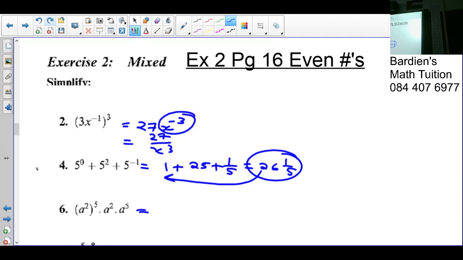Number 6, what needs to be done first? Bracket. So that's going to give you a 10 times a squared times a 5. When you're multiplying it by still the same, what do you do to the powers? That will be a to the exponent.